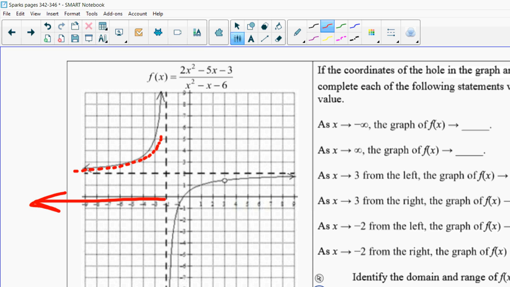As x gets smaller, what are the y values doing? They're approaching 2, right? They're approaching that horizontal asymptote. As x approaches infinity, the y values also are approaching 2.